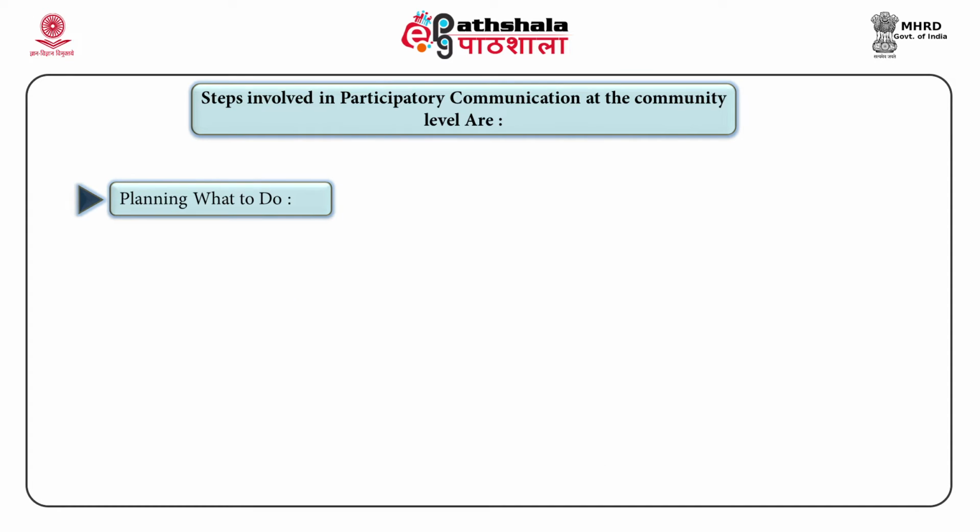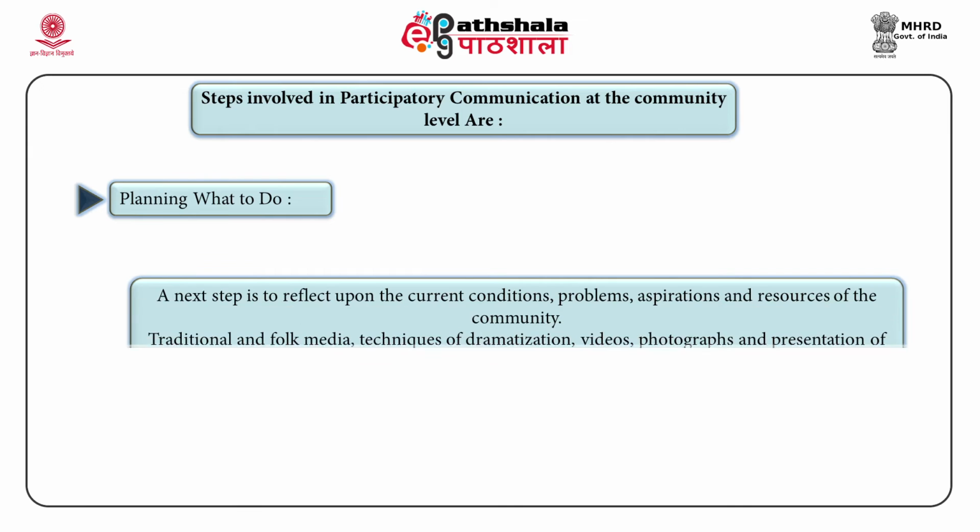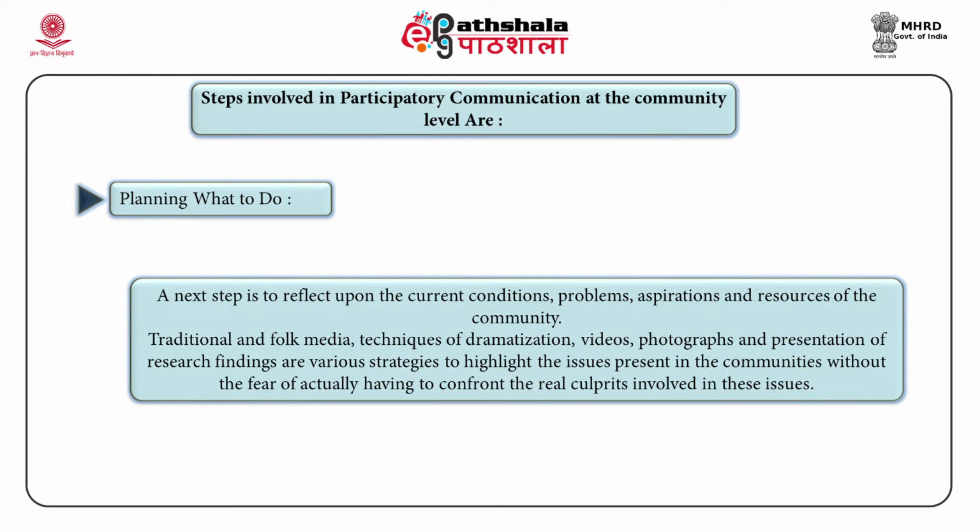The third step, planning what to do, is to reflect upon the current conditions, problems, aspirations and resources of the community. Traditional and folk media, techniques of dramatization, videos, photographs and presentation of research findings are various strategies to highlight the issues present in the communities without the fear of actually having to confront the real culprits involved in these issues.